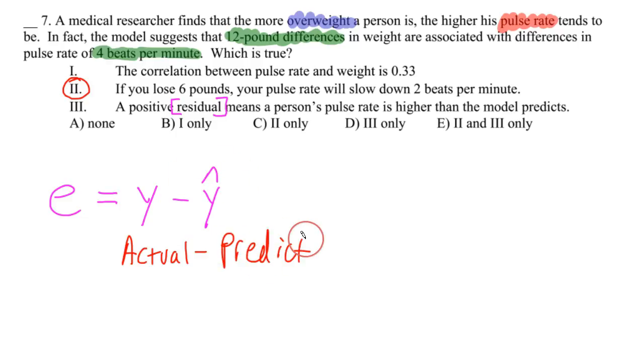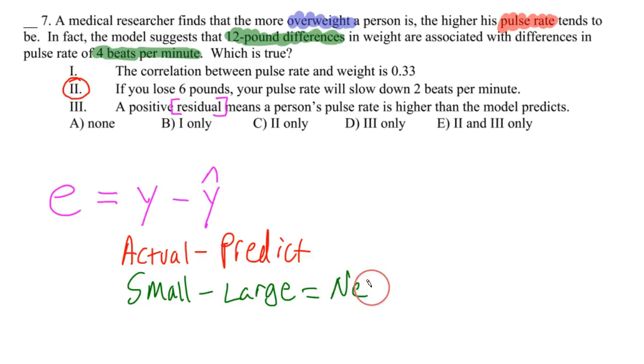Now, when we take a look at this, what we can say is, okay, if we had a small actual pulse and we had a large prediction, this would end up as a negative number. So this would mean that we had a lower pulse rate than what was predicted.